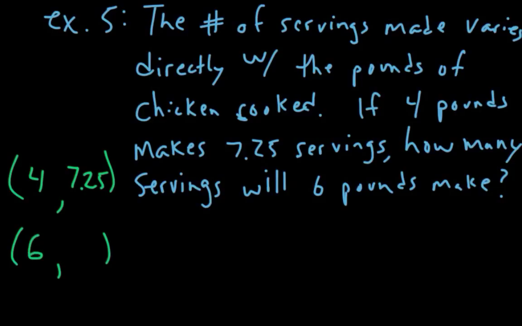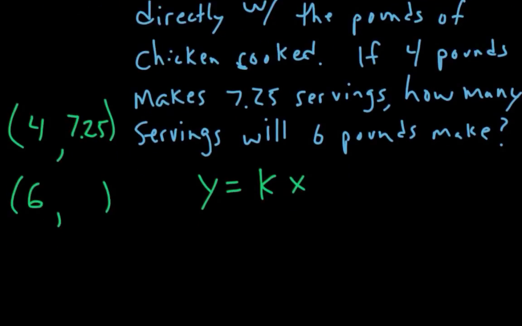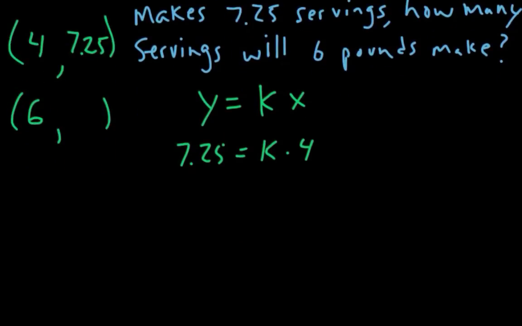All right, so now that we have that, we start out with following those steps. So the first step is take the pair of numbers and put them into y equals kx to find k. So my y is 7.25 equals k times 4. Then I divide both sides by 4, and I get k equals 1.8125.